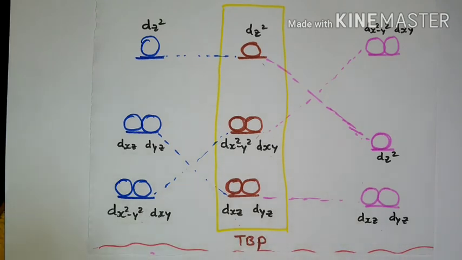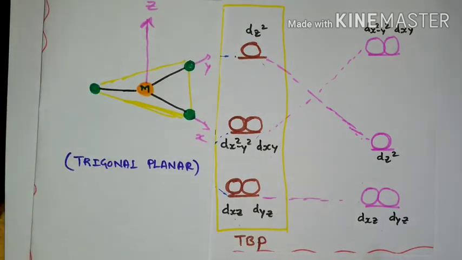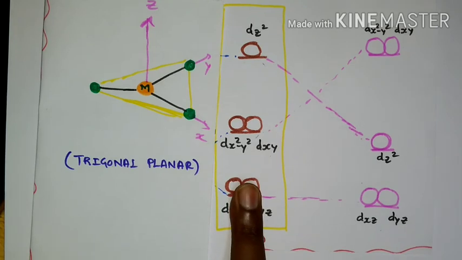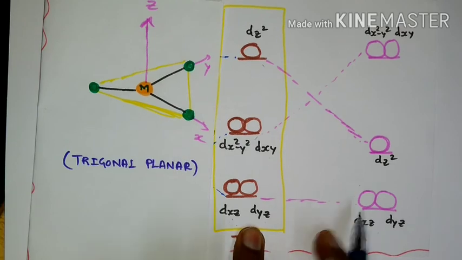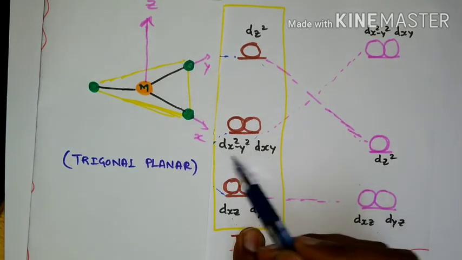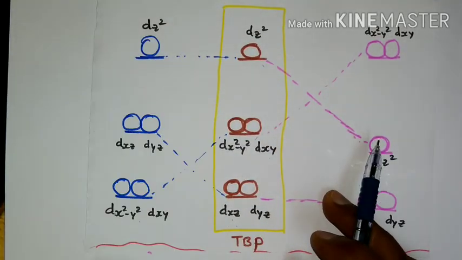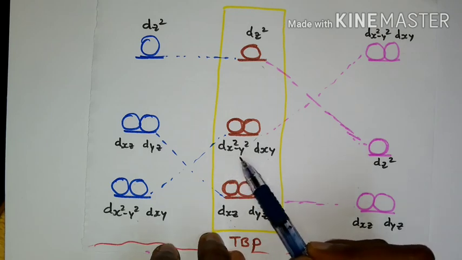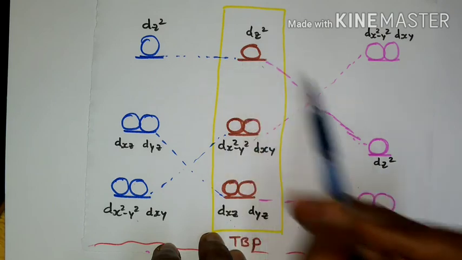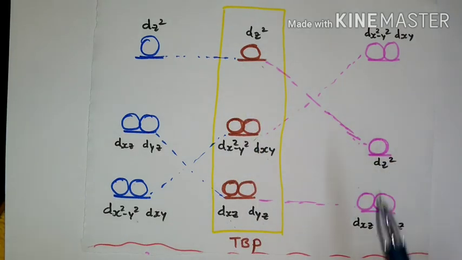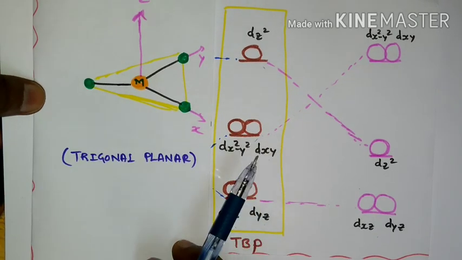Now, if I want the trigonal planar d orbital splitting, I need to keep the energy of dxz, dyz similar, but I need to exchange these two. So here dx square minus y square, dxy energy has to be increased and dz square energy has to decrease. Then that d orbital splitting will be for trigonal planar geometry.